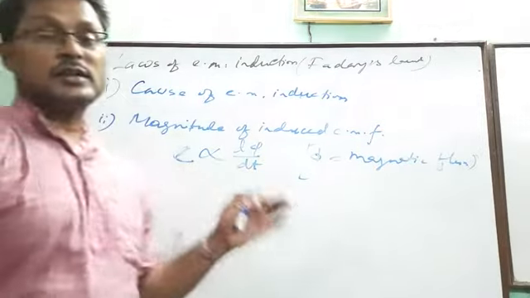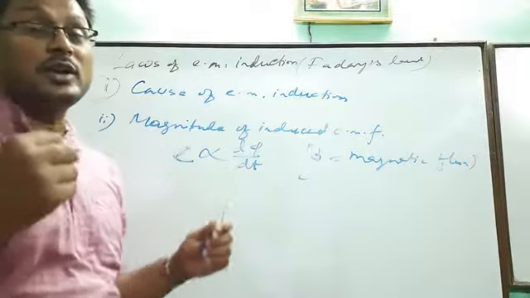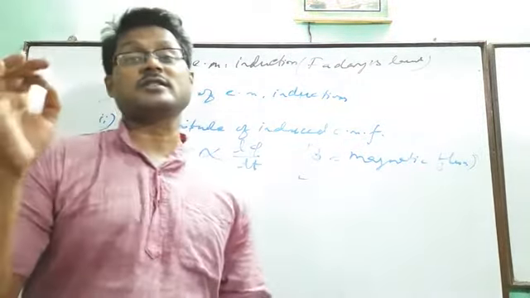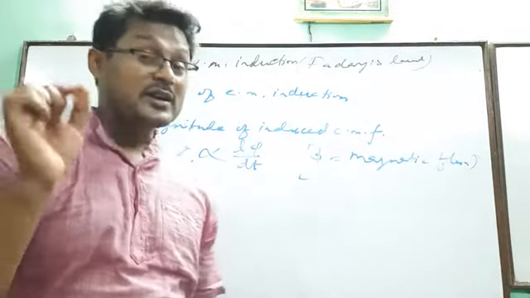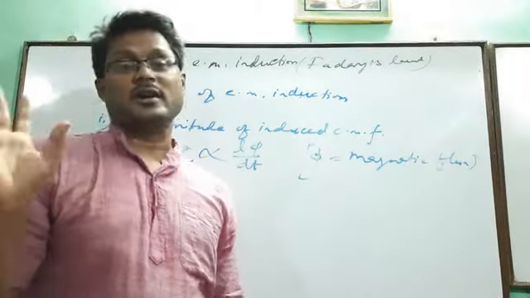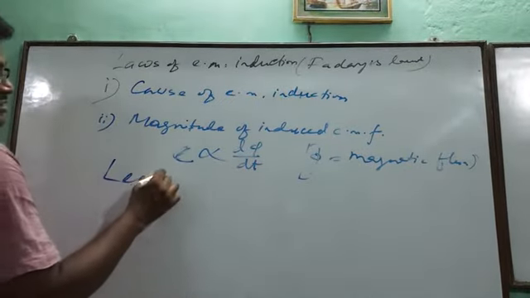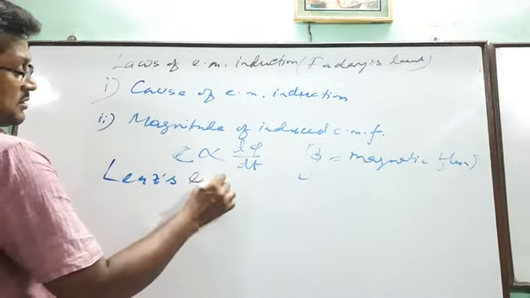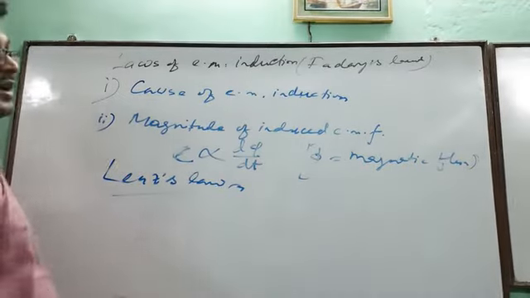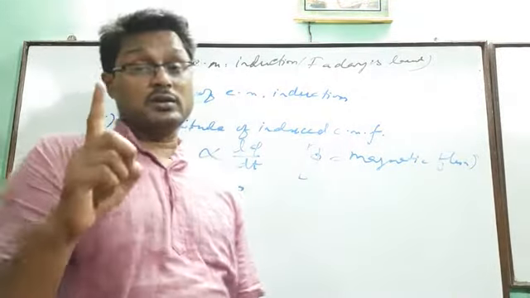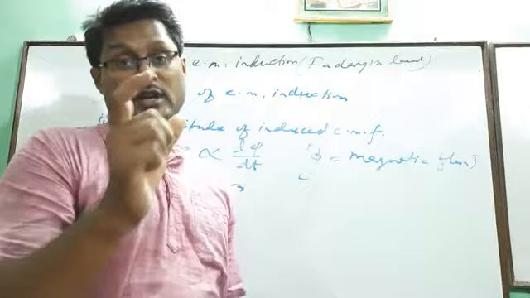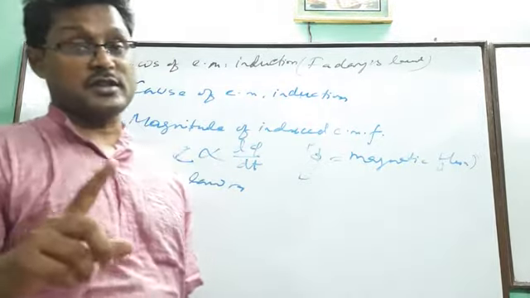The second law gives the amount, but in which direction? This was not discussed by Faraday, but it was observed in Faraday's experiment, and it is discussed by Lenz's law. Whenever we introduce the N pole, an anti-clockwise deflection is there.